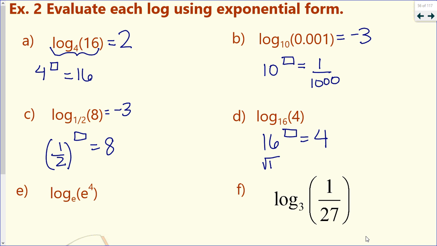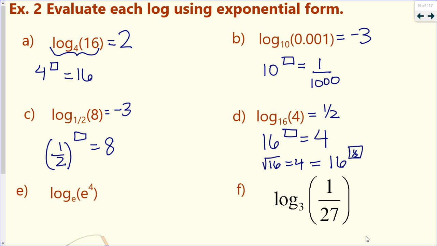The square root of 16 is the same as 16 to the 1/2 power. So taking a square root is the same as taking something to the 1/2 power. Okay, so that's going to be 1/2, because 16 to the 1/2 power is the same as the square root of 16, which is 4.